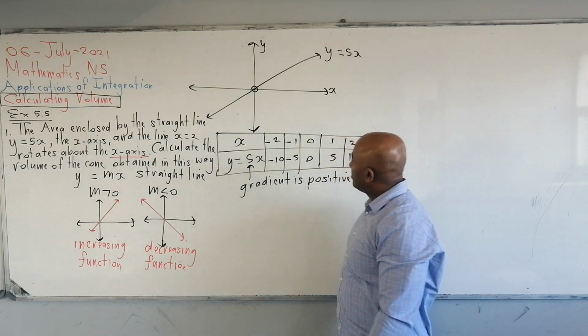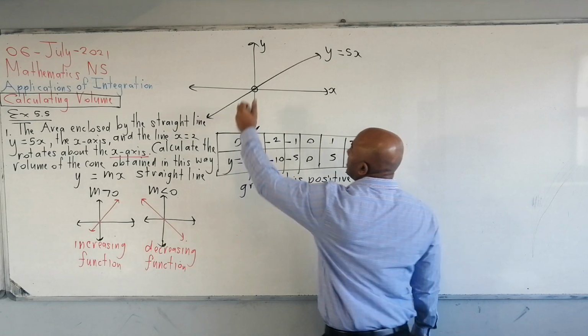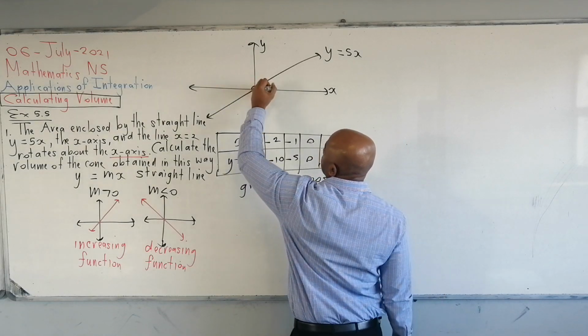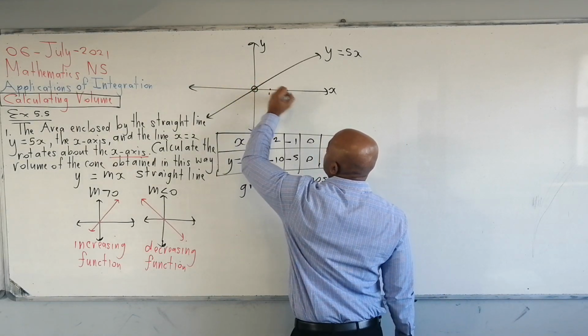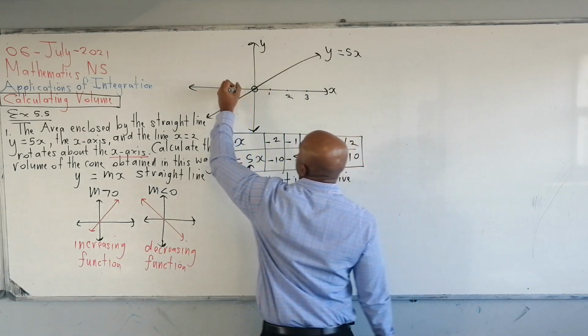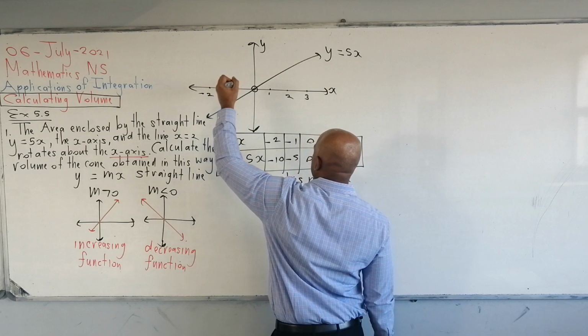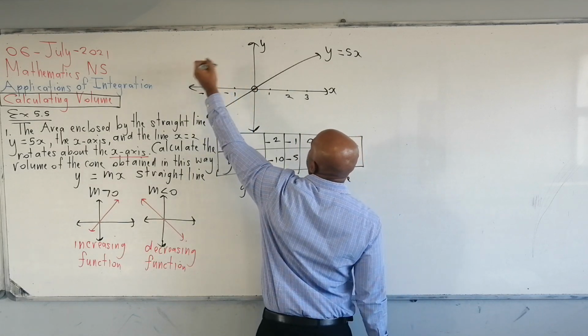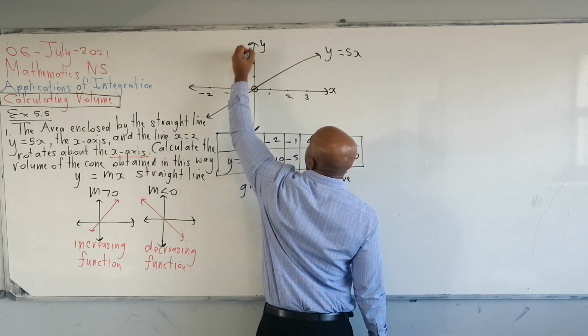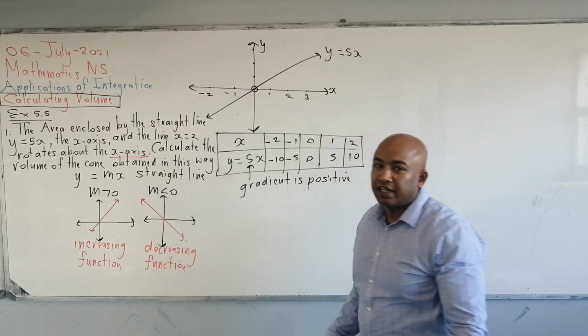Right. Now if you want to show these values, you can. Maybe there's 1 here, 2 there, 3. This will be minus 1, minus 2. It carries on and on. It's just a rough sketch.